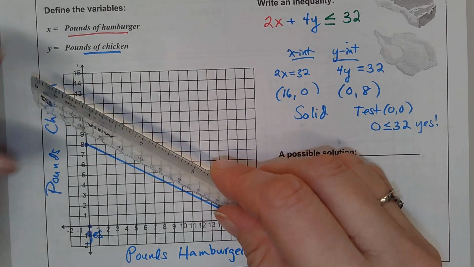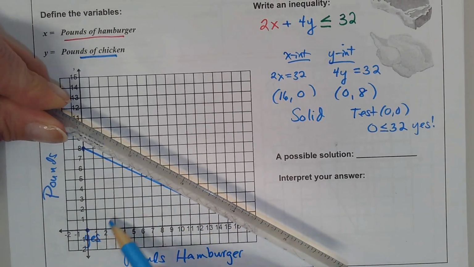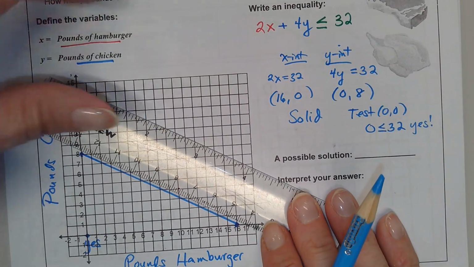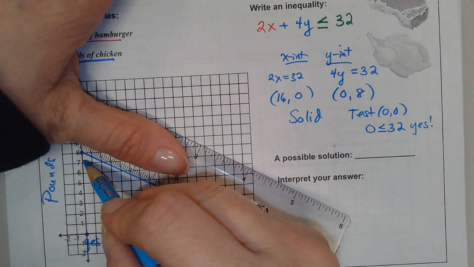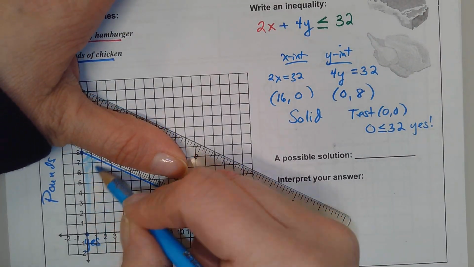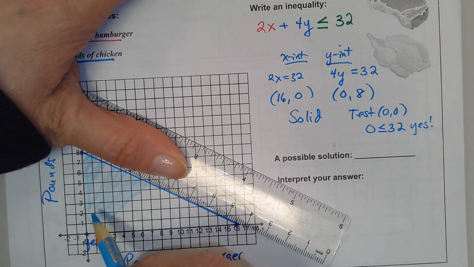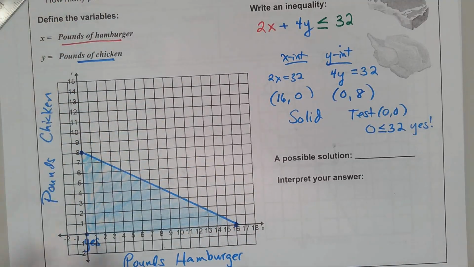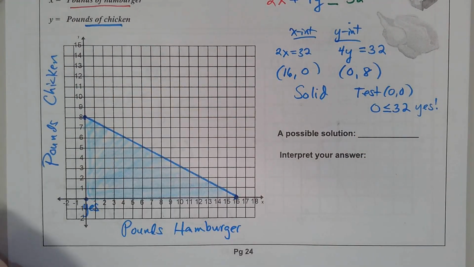So should I color this way towards 0, 0? And the answer is yes, but don't color any negatives. No negative. Stop on the x-axis. You can buy 0, but you can't buy negative. And there is the solution region.